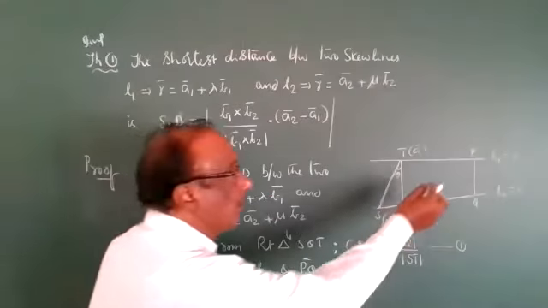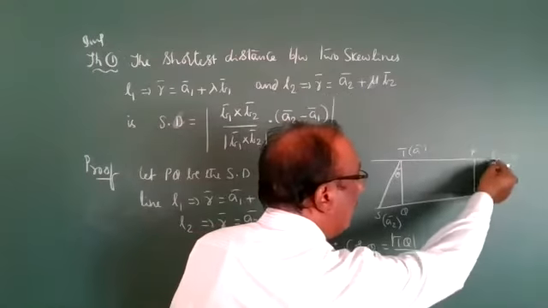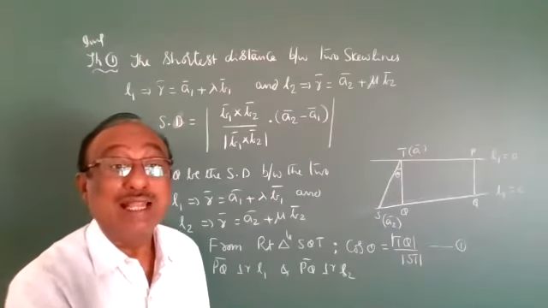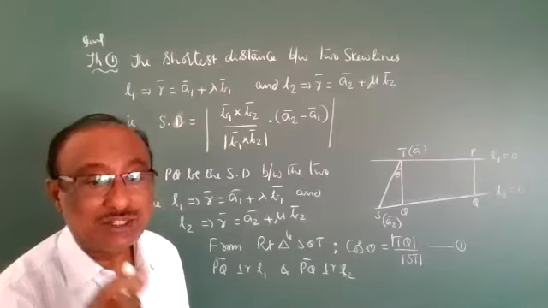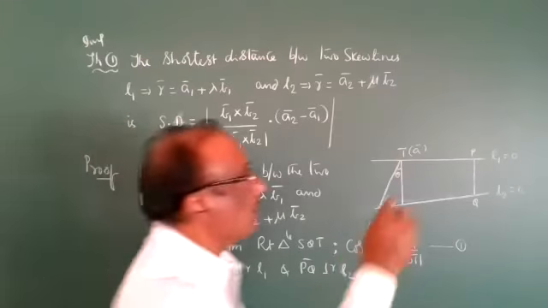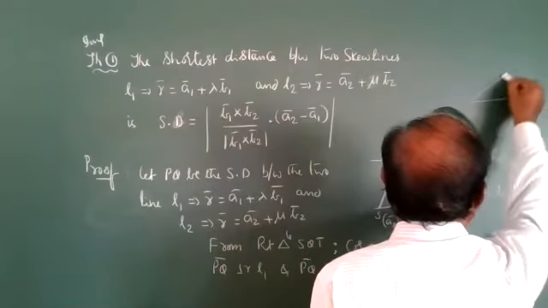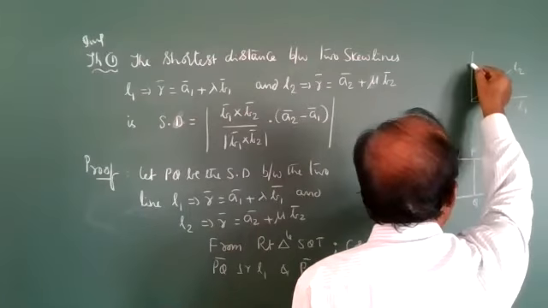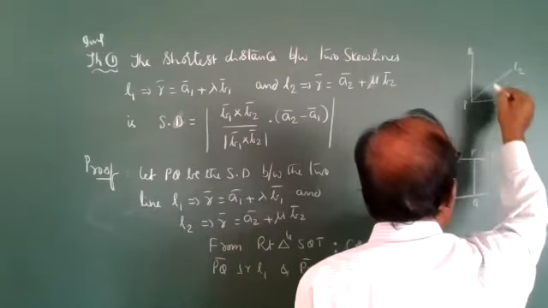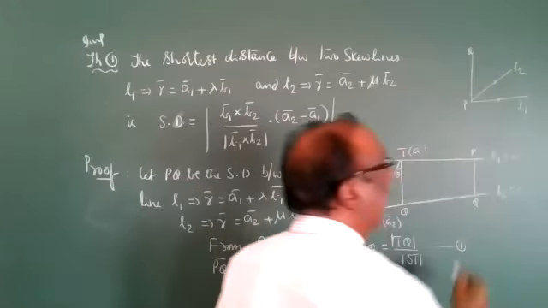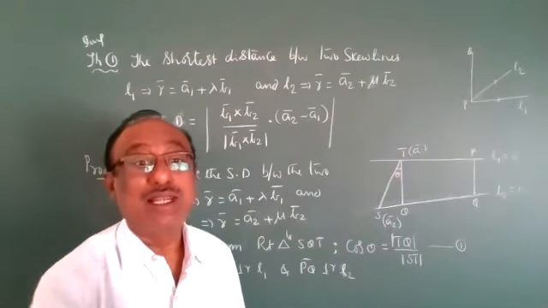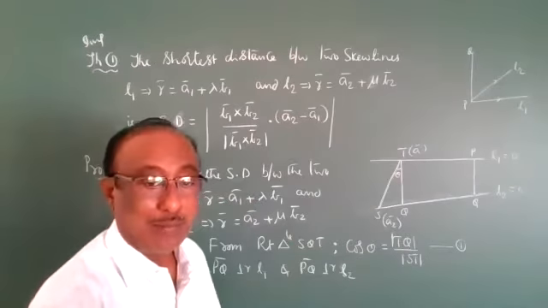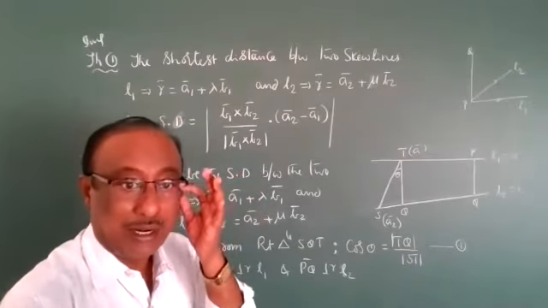Right. Here PQ is perpendicular to L1 and PQ is perpendicular to L2 means what is the direction required? PQ is perpendicular to the L1 line and the L2 line, which means cross product.